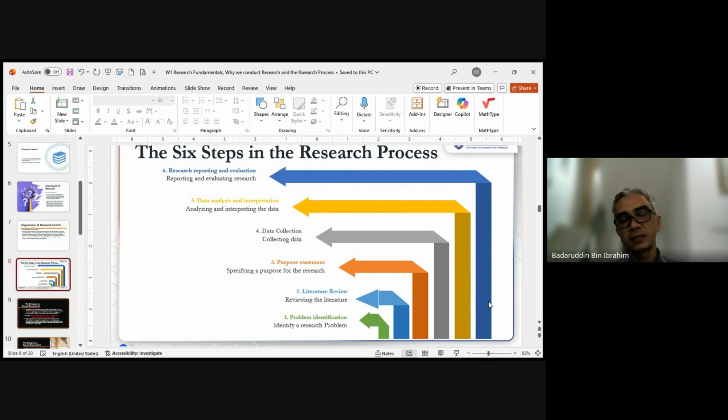maybe because next session will be on literature review, and the following session might be on methodology. The next session will be on data collection and so on. So this is the big 6 steps, common big steps any research will go through.